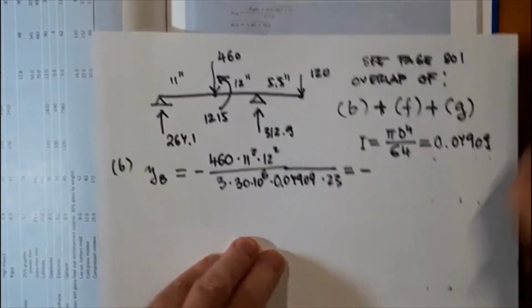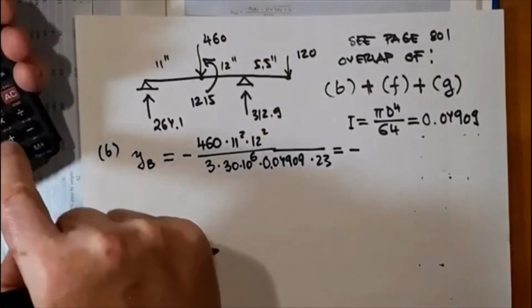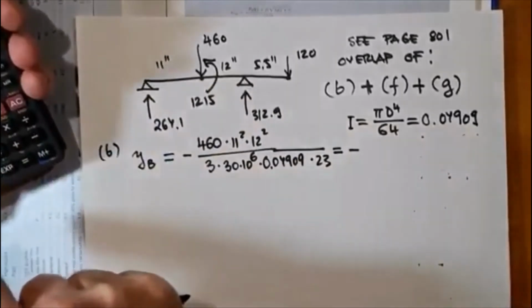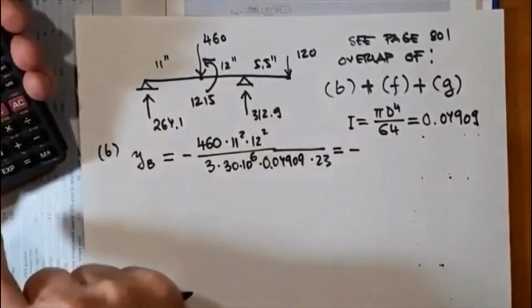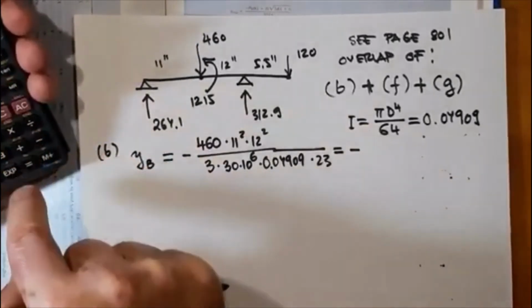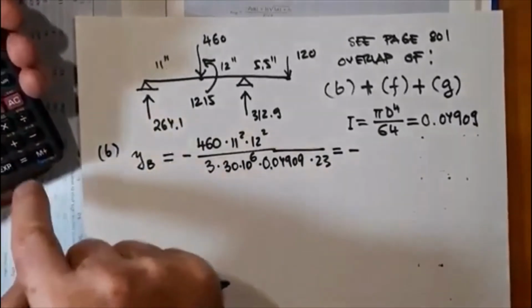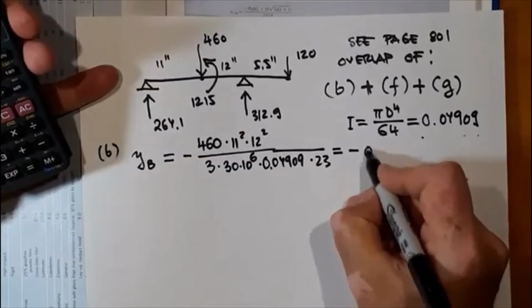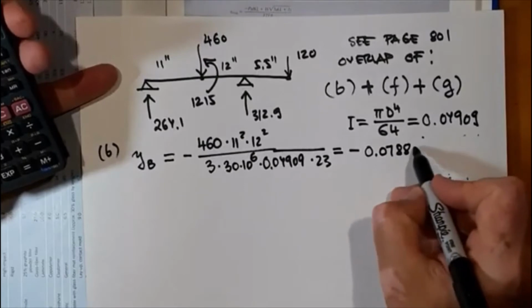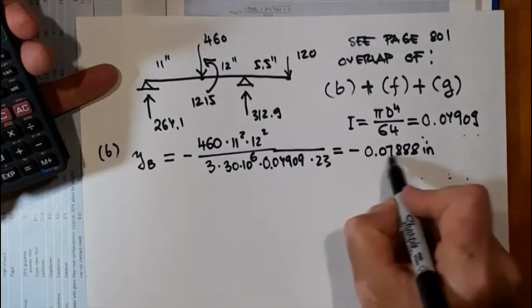Okay, so let's see what this number is. 460 times 11 squared times 12 squared over 3 over 30 exponent 6 over the memory, over 23 equals, and it's negative 0.788 inches.